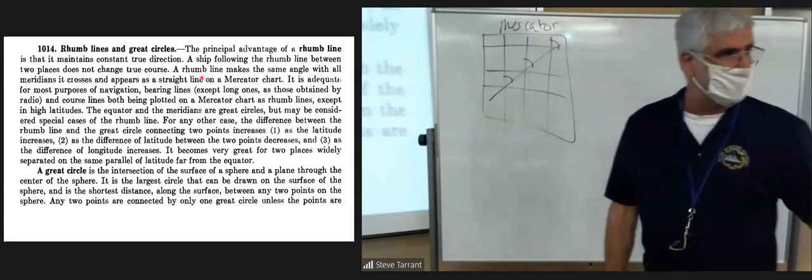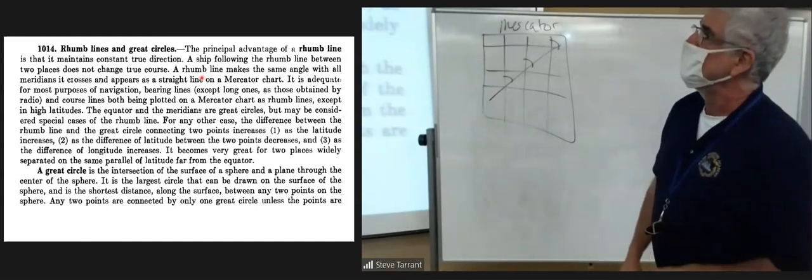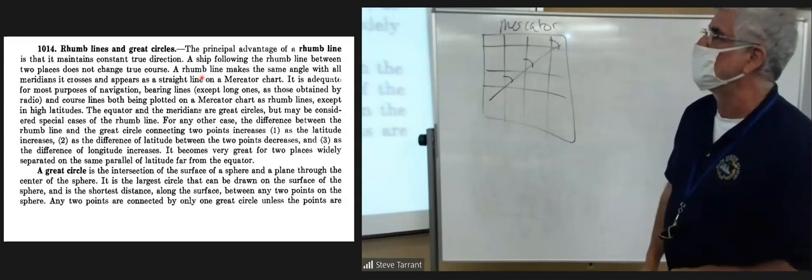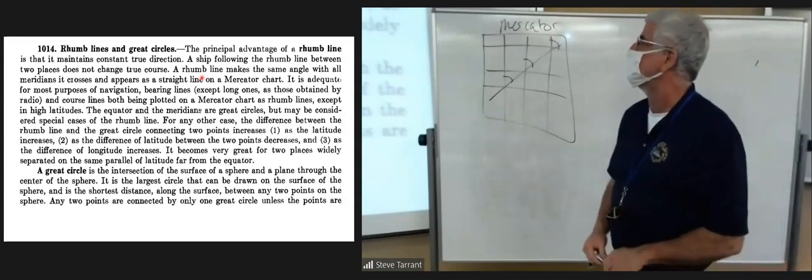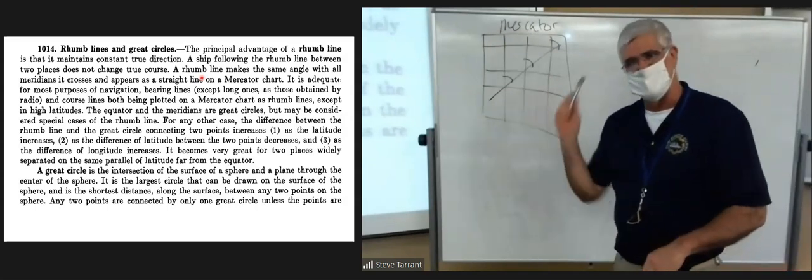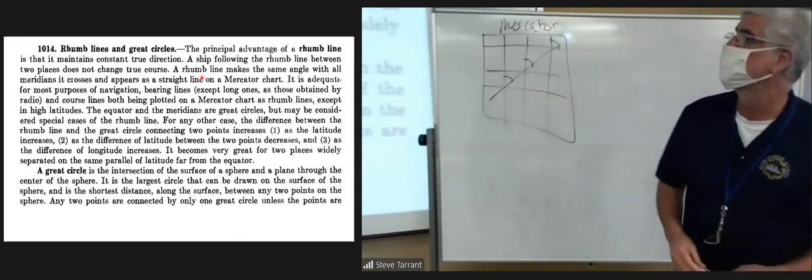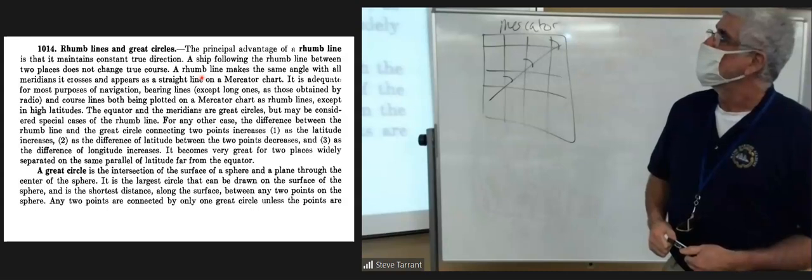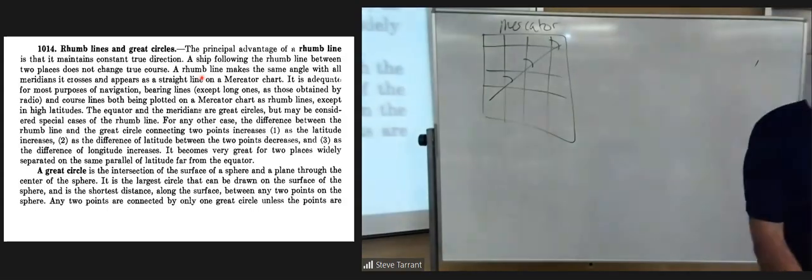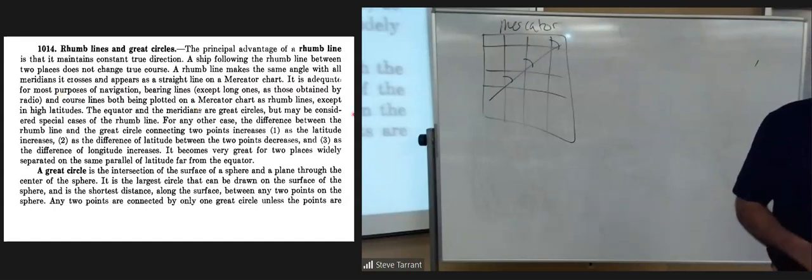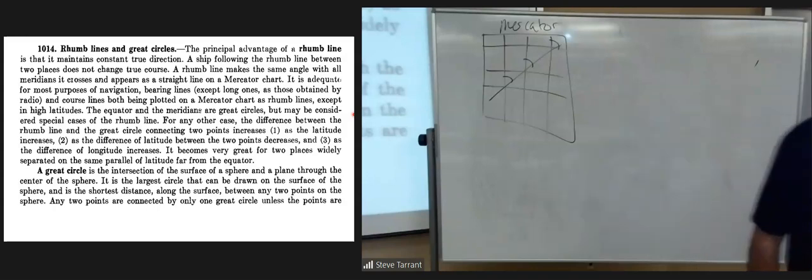Let's not worry about that because we don't use that anymore. Course lines are plotted on a Mercator chart as rhumb lines, except in high latitudes, where it's really not the best. The equator and meridians are great circles, but may be considered special cases as a rhumb line.